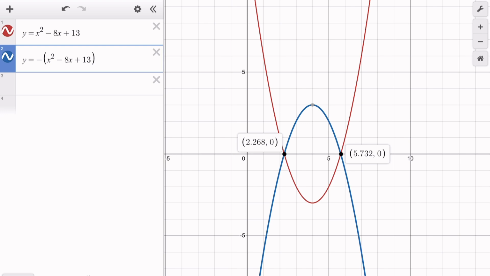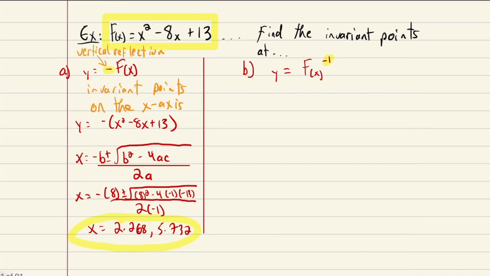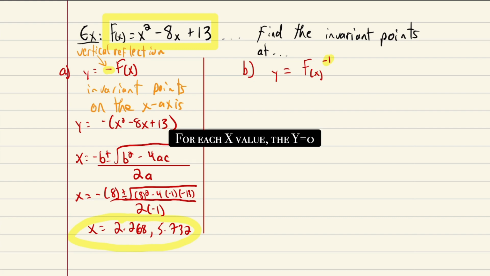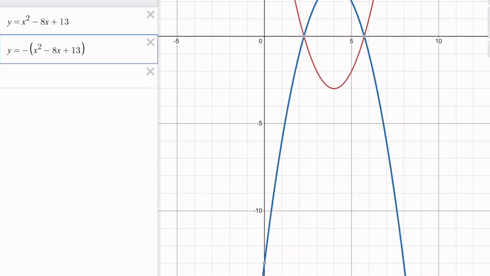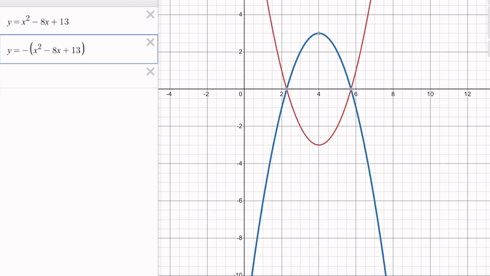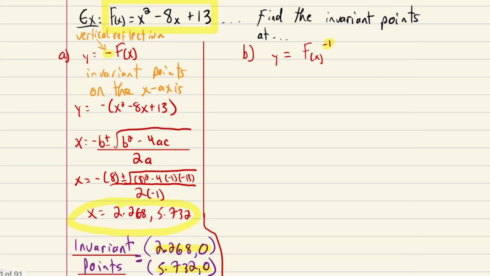If we plugged the values into the quadratic formula, or factored for the zeros, we would get 2.268 and 5.732, which is equivalent to the graph. Those x-intercepts are where the two graphs intersect, which are the invariant points.